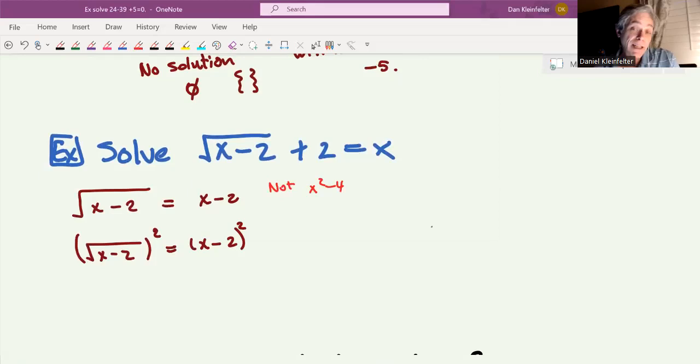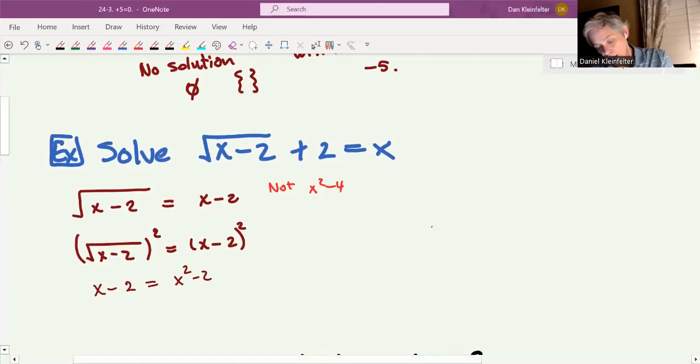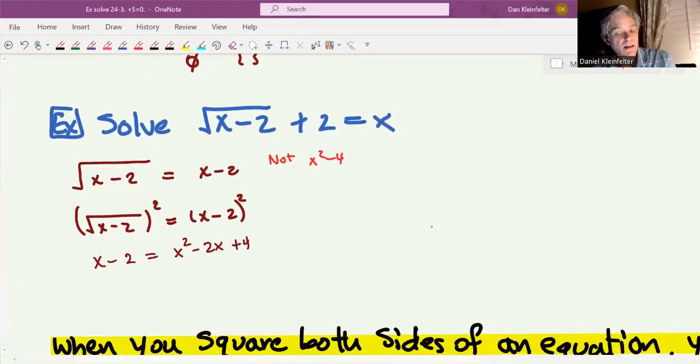On the left side, we have the square root of x minus 2, squared. That will give us x minus 2. And then on the right side, x minus 2 squared is x squared minus 2x plus 4.